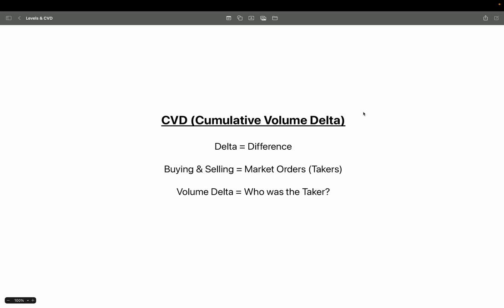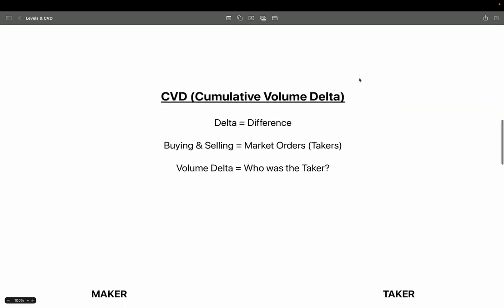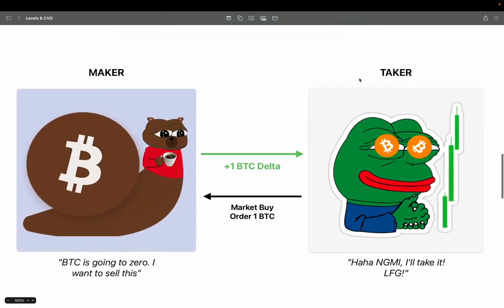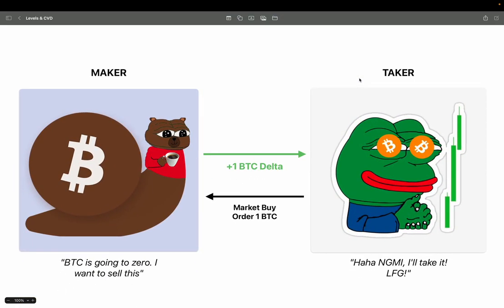Now imagine you have someone who wants to sell 1 BTC. They're the maker. And someone else goes, okay, I'll buy that from you. That would equal positive 1 BTC on the delta, if we're talking about Bitcoin. So your maker, limit order, Bobo the bear here, wants to sell Bitcoin.